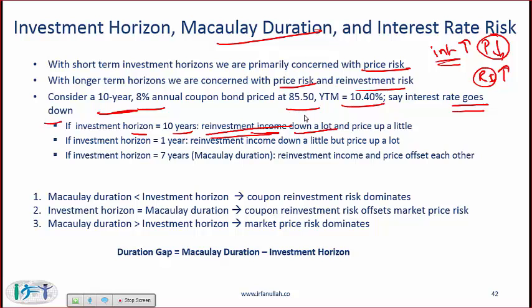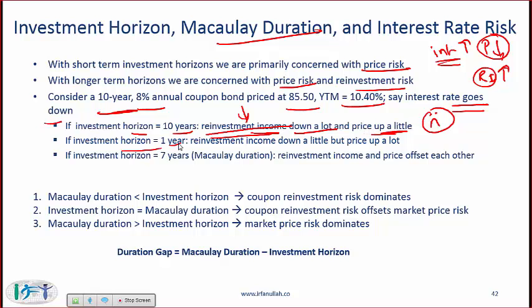Why? Because originally the rates were high, now rates have gone down. So reinvestment income down a lot, but price will go up, but not as much. Overall, you are not happy, because the reinvestment income went down more than the amount by which the price went up.